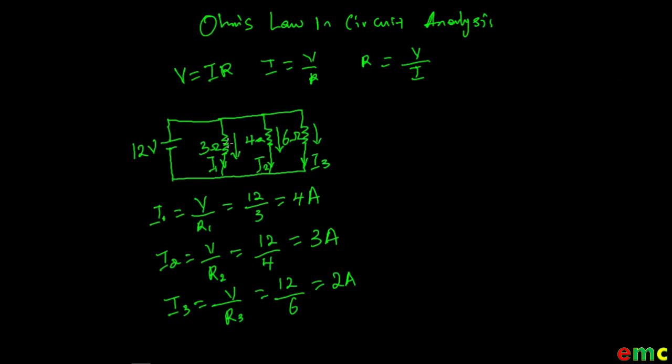A parallel circuit has the same voltage dropped across each of the loads. To get the total current that is flowing out of the voltage source, what we do is we find the sum of the currents that are flowing across each branch.